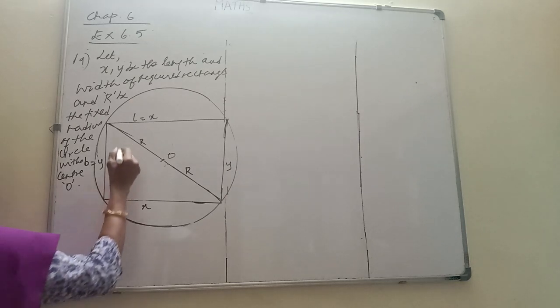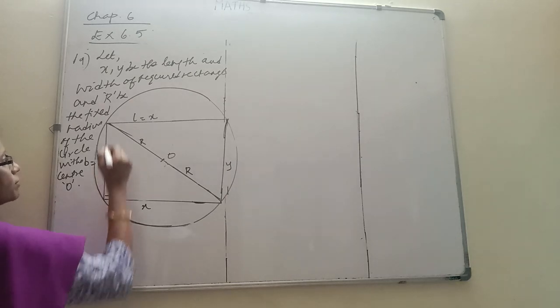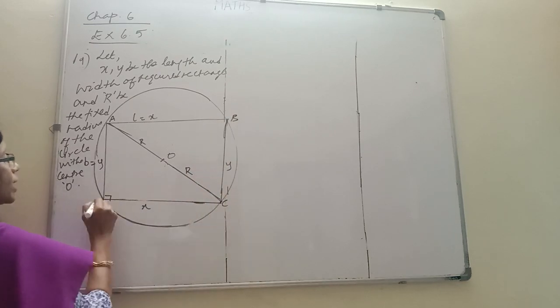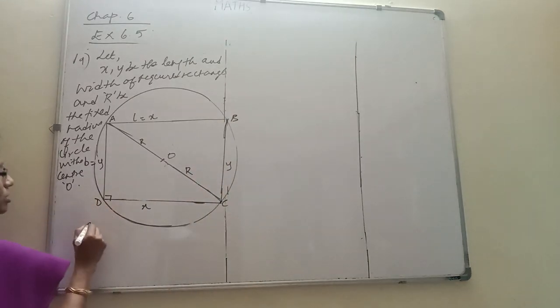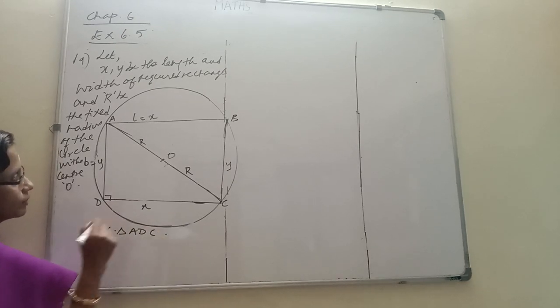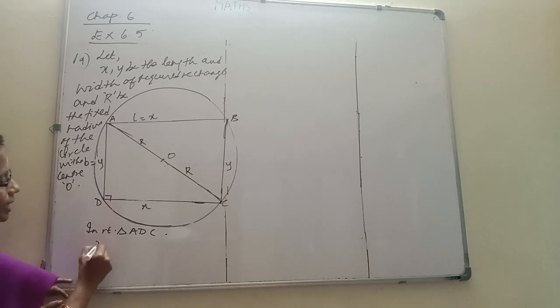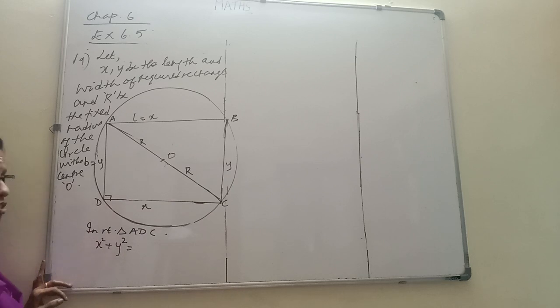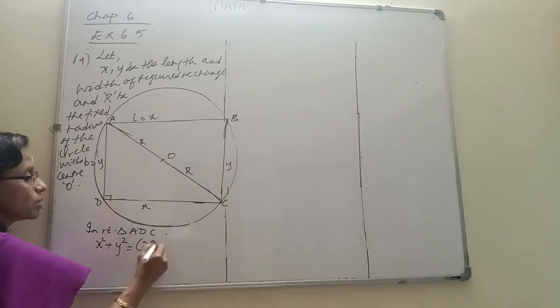Let's look at this right triangle. For our convenience, let's call the quadrilateral ABCD. In right triangle ADC, by the Pythagoras theorem, x squared plus y squared is r plus r, which is 2r, the whole squared.